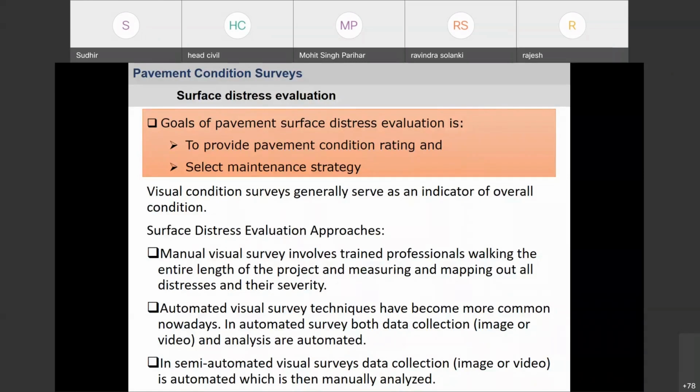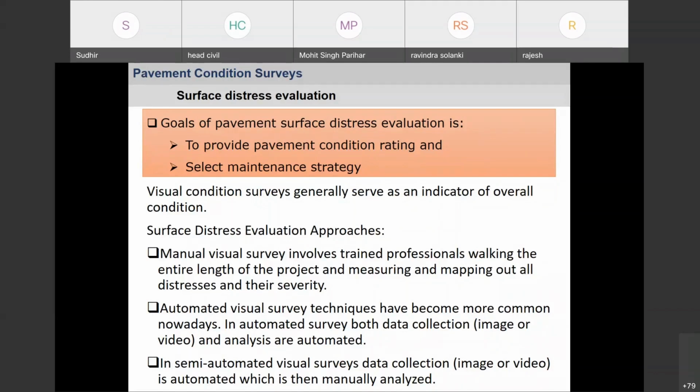When we are talking about surface distress evaluation, the goal is basically to provide a pavement condition rating based on the current distress level in the field. Based on this pavement condition rating, the second goal is to select a maintenance strategy.